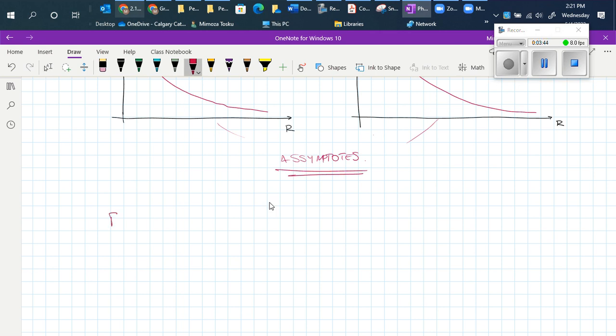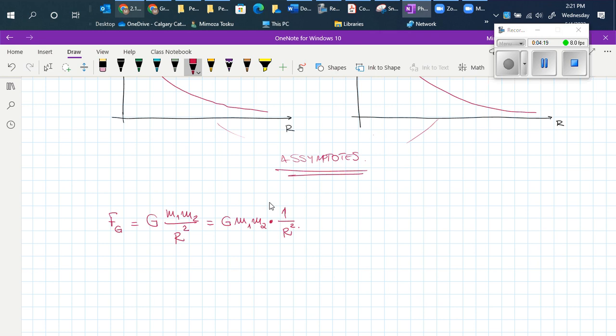So what we have here is the force of gravity: the universal gravitational constant, mass 1, mass 2. You probably remember this from Physics 20. If I rewrite this in a different form, I will write it as capital G M1 M2 times 1 over r squared.